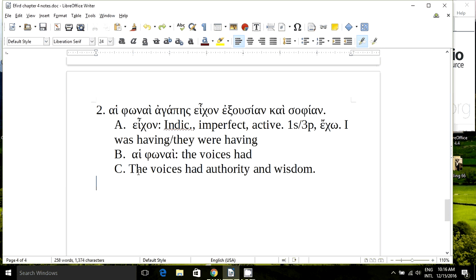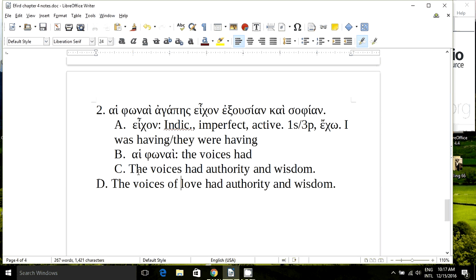Now I can go back and add the rest of my words in order as they fit into my sentence here. So hyphonai, got that. The voices, agapes. There's the word I don't have. Genitive, so I translate it with of. The voices of love had authority and wisdom.